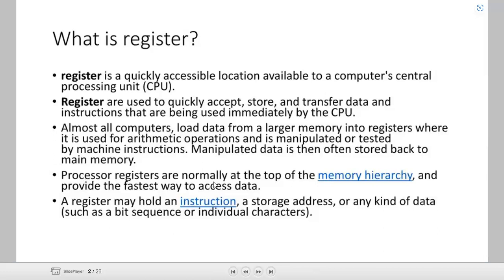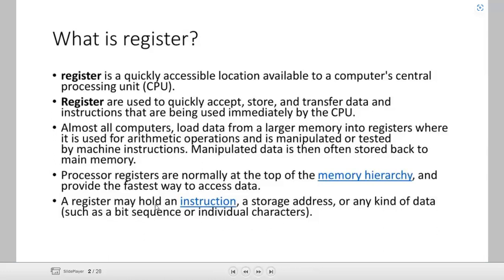Processor registers are normally at the top of the memory hierarchy and provide the fastest way to access data. In other words, the registers that are in the processor are the highest. A register may hold an instruction, a storage address, or any kind of data, such as a bit sequence or individual characters.